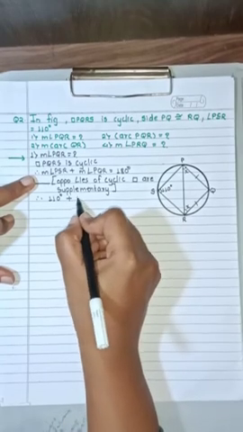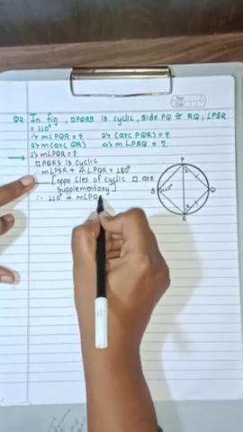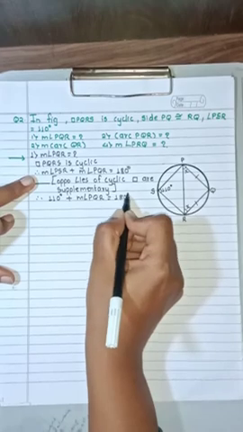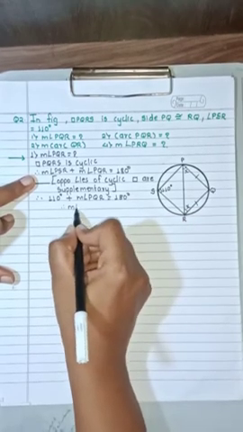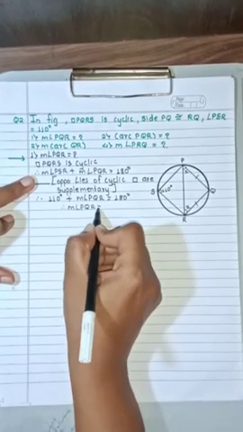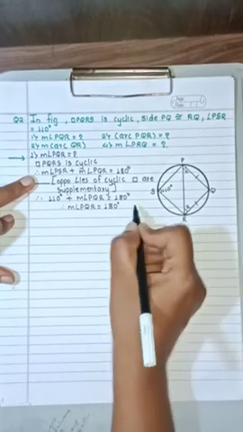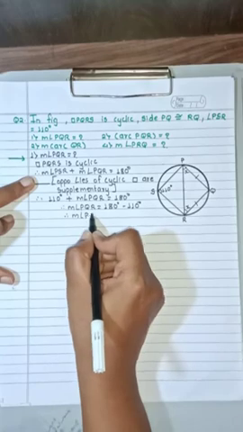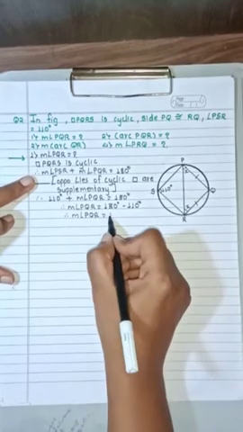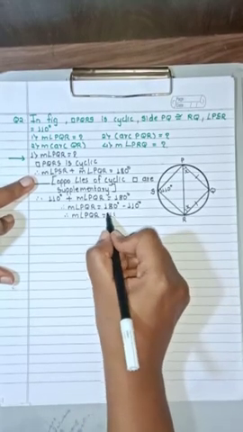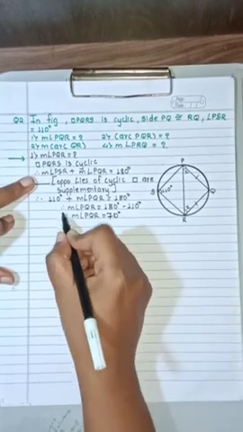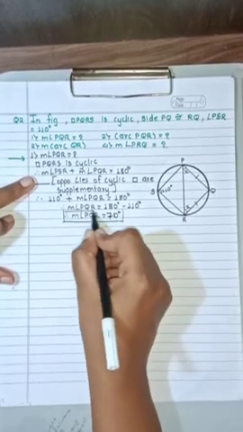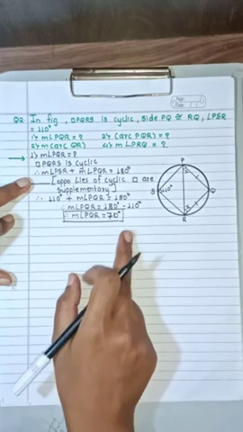You have to find the measurement of angle PQR. Therefore measurement of angle PQR is equal to 180 minus 110 degrees, which is 70 degrees. Okay, so the first one is found out, that is angle PQR is 70 degrees.